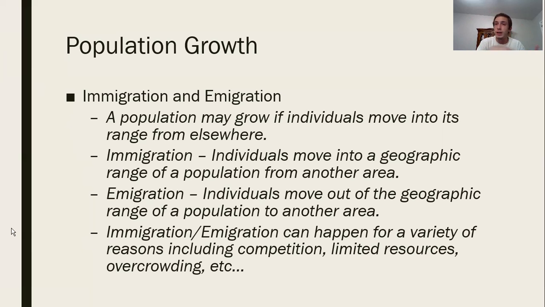Regardless of whether it's moving in or moving out, it can happen for a variety of reasons, including competition, limited resources, overcrowding, predation, stress. Any number of factors could influence an organism's decision to move from one area to the next.